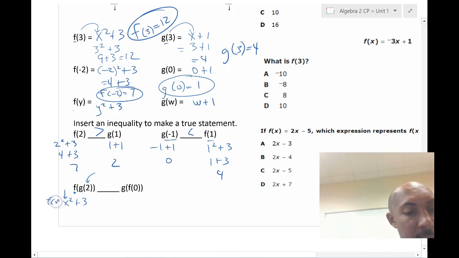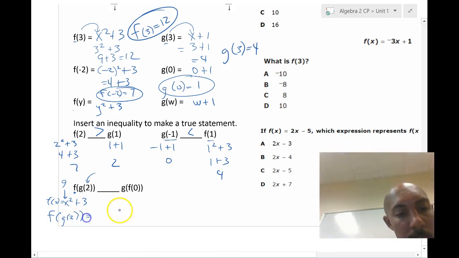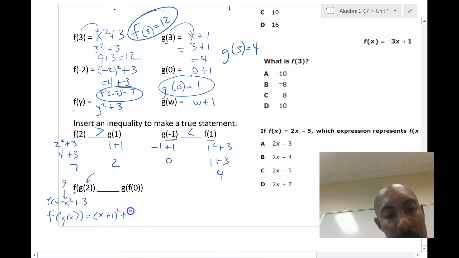So into f of x, you're going to plug in g. So this is what this looks like. f of g of 2: where the x is, you're going to put the g function, x plus 1. So now I put x plus 1 squared plus 3. So that's f of g of x.